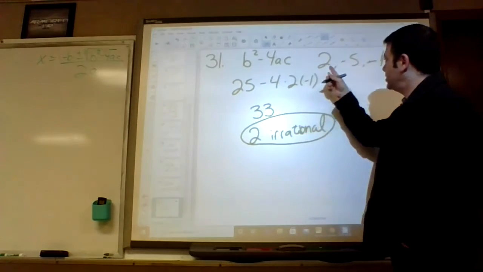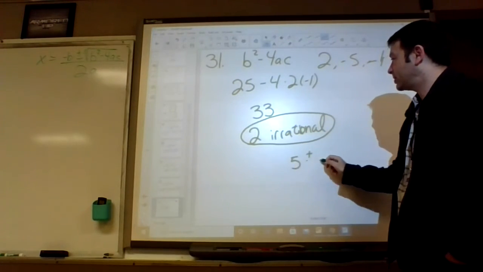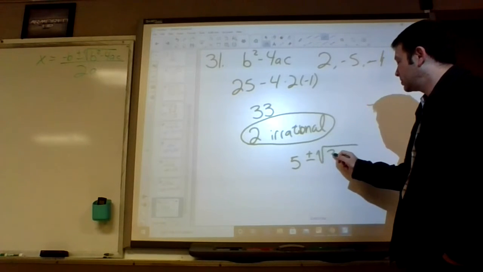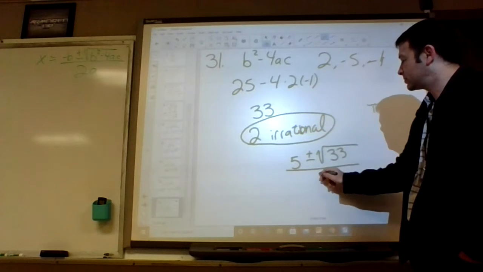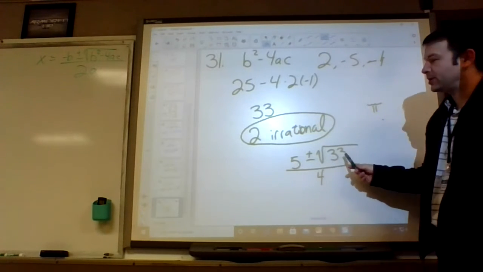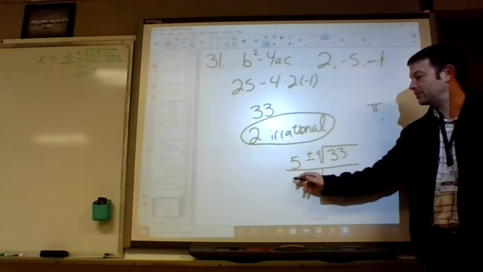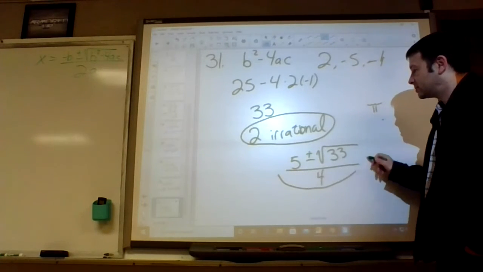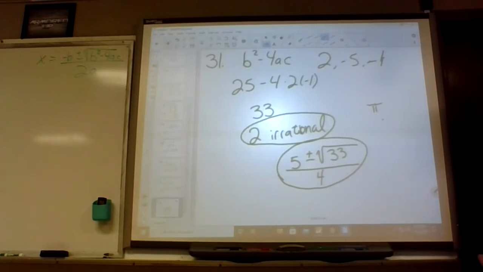So negative b would be positive 5 plus or minus square root of 33 over 2a, which is 4. Does square root of 33 simplify? No. No, 3 times 11, can't do anything with that. So there's the 2 irrational answers.